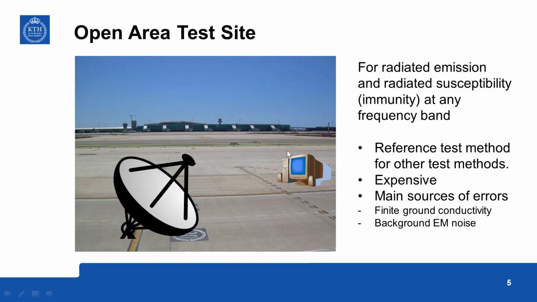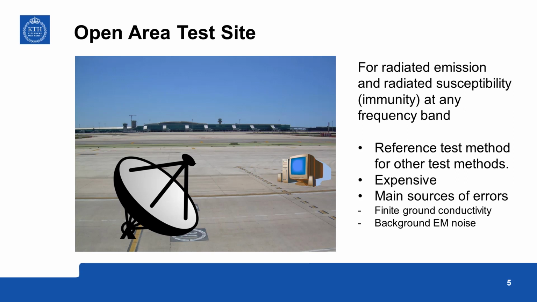Now the open area test site. So this is the most fundamental of all the measurement methods. Assume that you have an area that is plain and without any interference from background electromagnetic field.